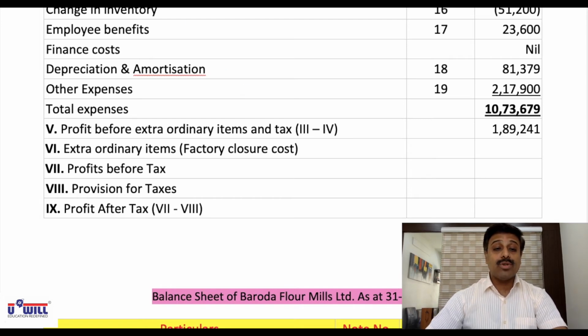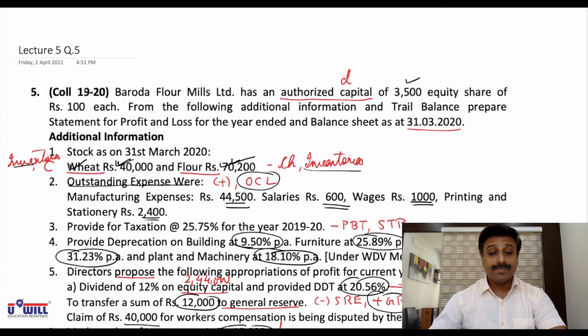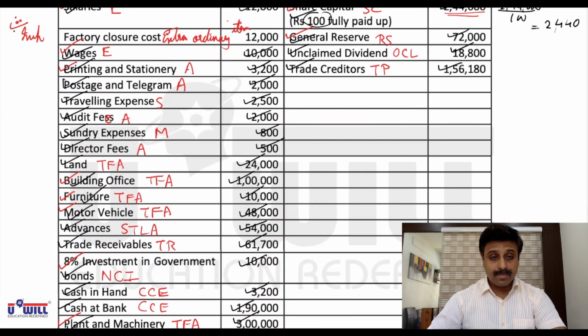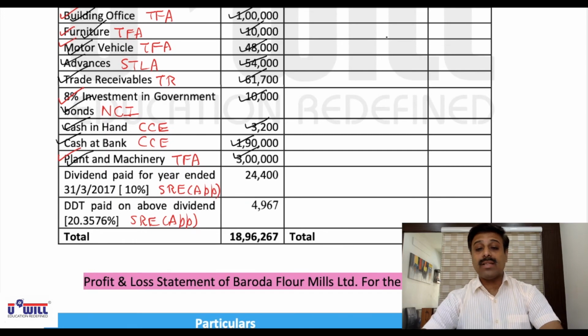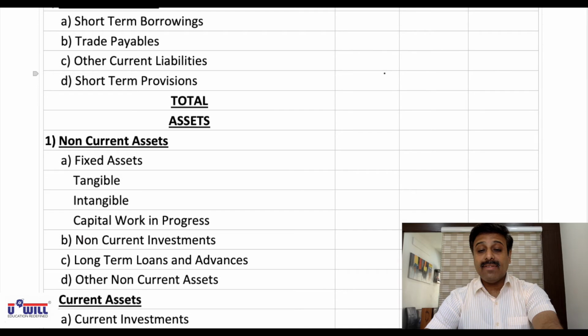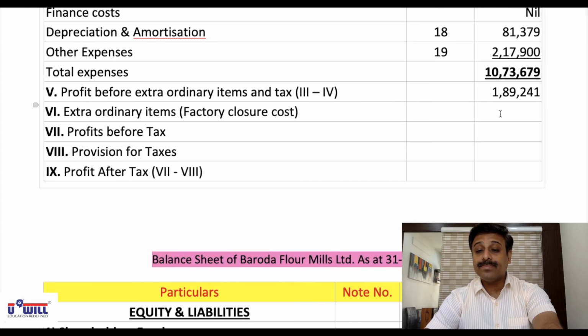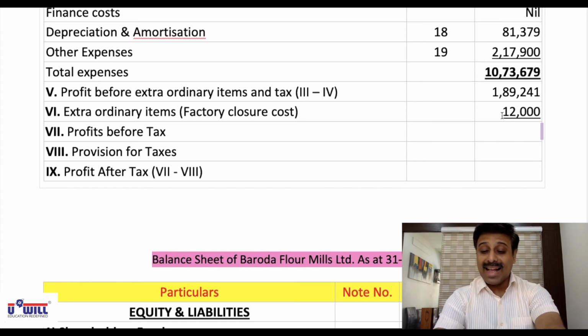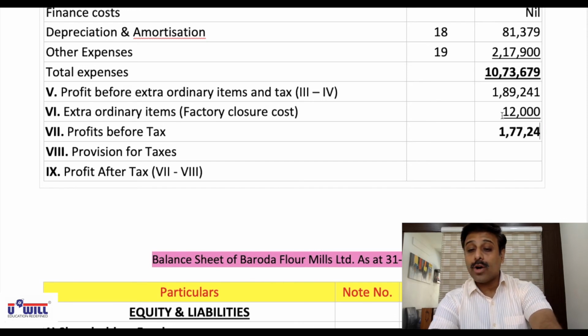What is the factory closure cost in this question? 12,000. So we will have to minus that over here. Now profit before tax 1,89,241 minus 12,000, that is 1,77,241.